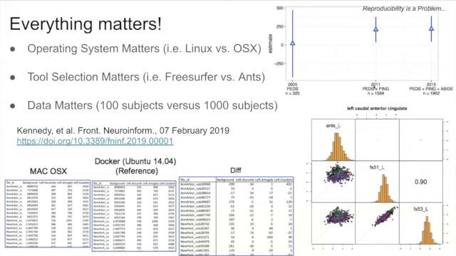Jump forward to 2011, when you add the PING, the Pediatric Imaging Neurocognition and Genetics Study, adding another 1,200 subjects, we see a now significant and much tighter variance on this measure of sex difference in hippocampal volume.